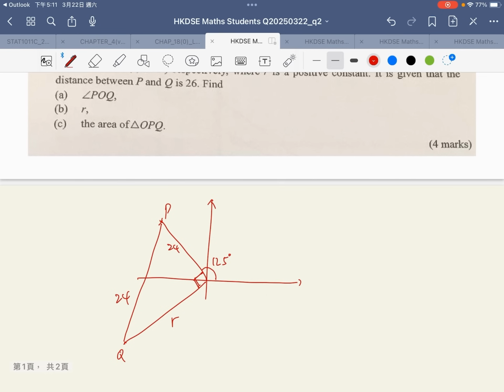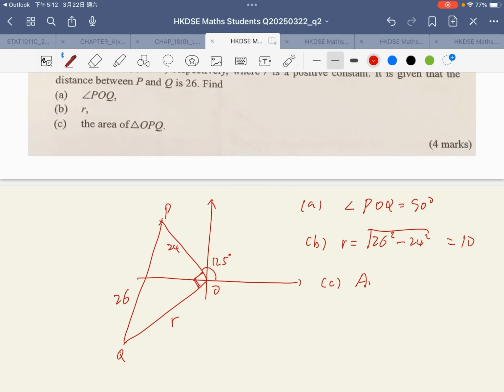Of course, for part A, the angle POQ is equal to 90 degrees. And for part B, the R is 26, not 24. You can use Pythagoras theorem. 26 squared minus 24 squared gives 10.